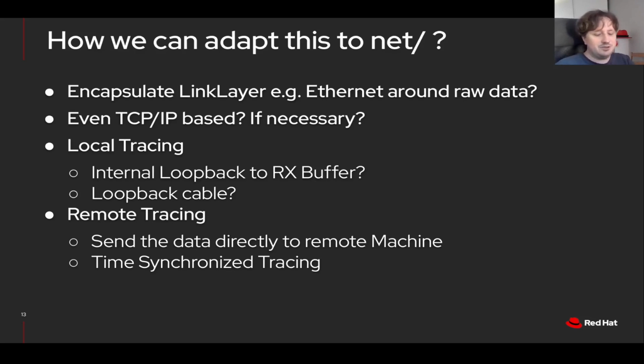I'm not an expert if this is possible on all NICs, but it depends on the hardware. There are a lot of hardware questions here. I don't want to hide that. And if this is not possible, why not just use one of these loopback cables, when you have a NIC with 2 ports on it, that one port is transmitting, the other one is receiving. This should also be possible.